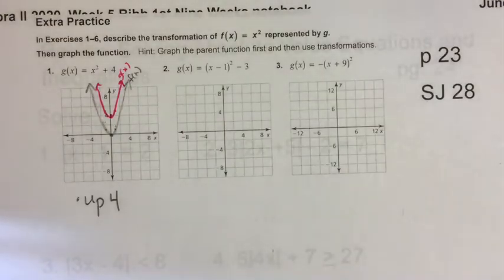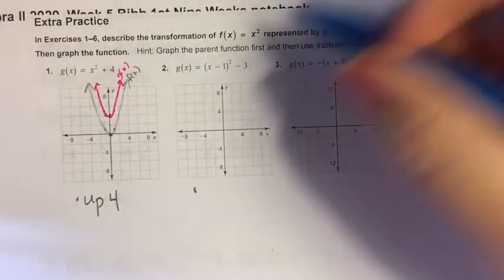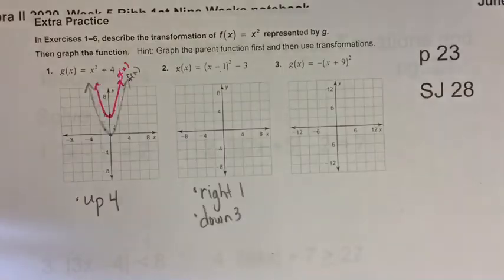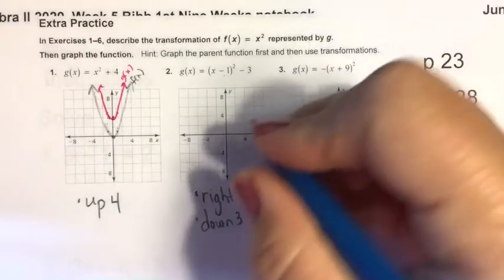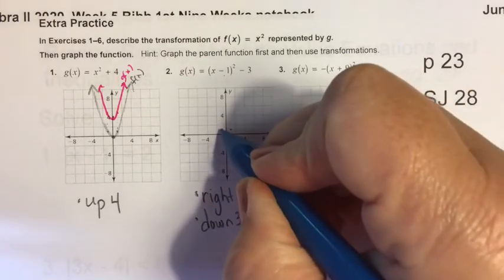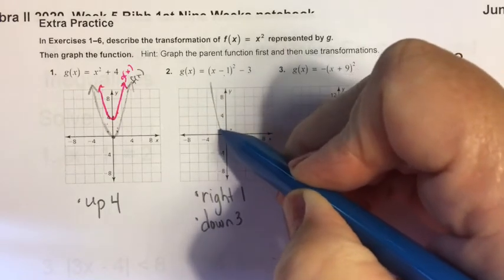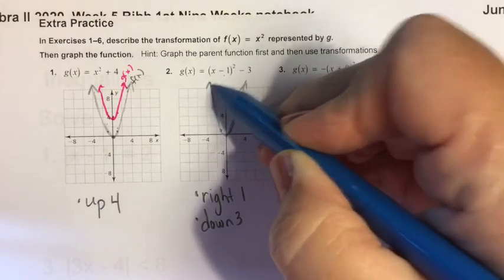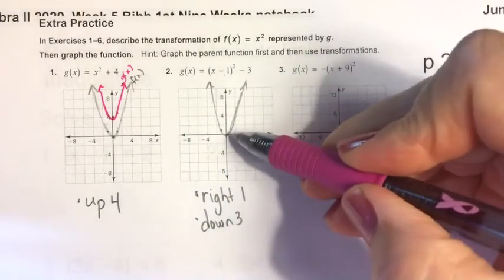For question 2, I have 2 transformations. I have right 1, down 3. I'm going to draw the parent function in pencil: (0, 0), (1, 1), (-1, 1). I'm going to sketch that. Then I'm going to move it right 1, down 3.